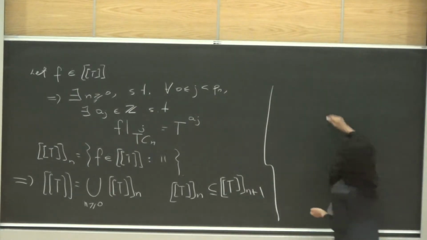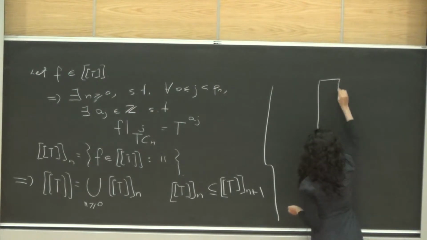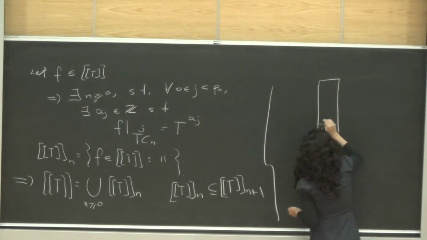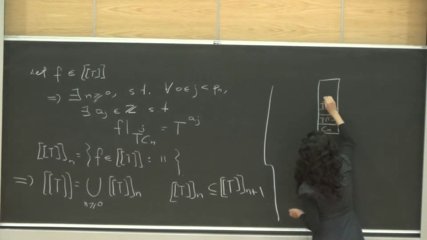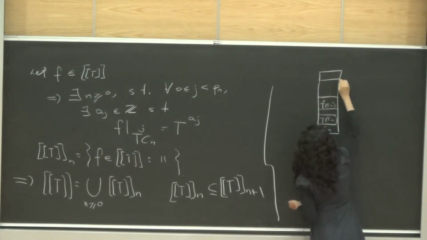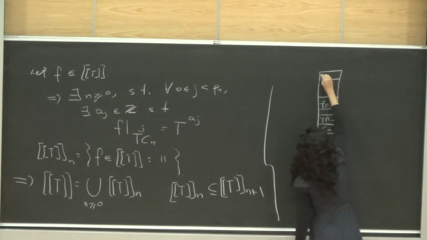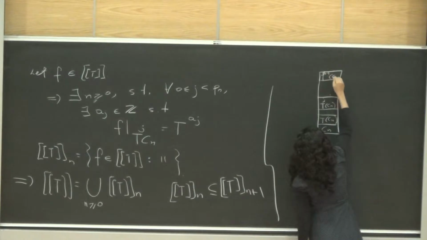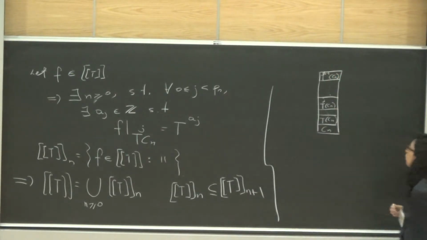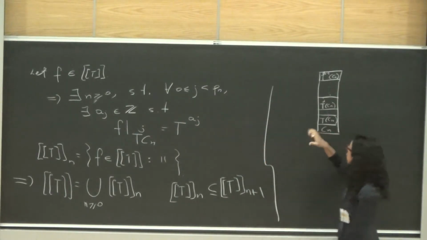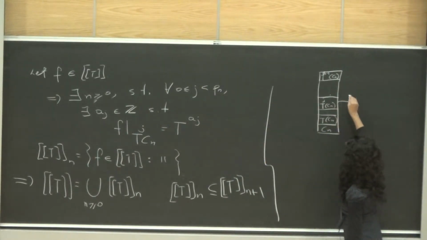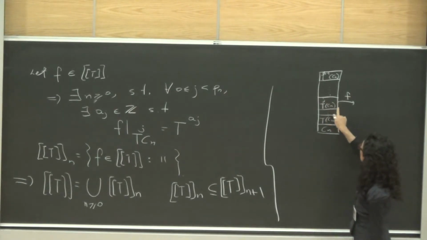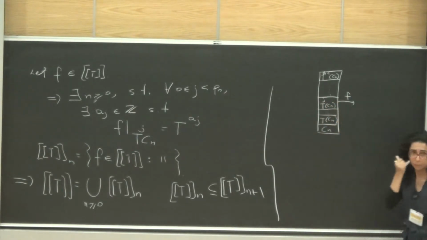So now I'm going to make a picture here. And I'm going to see what happens with the elements of the level of the tower. So what happens if we apply this function f to this atom of the partition?